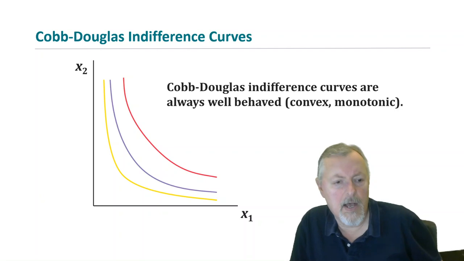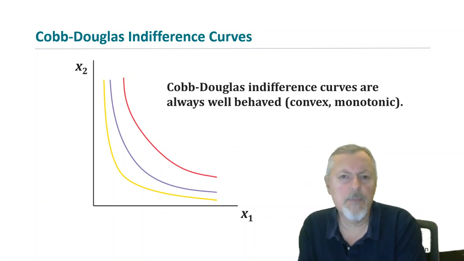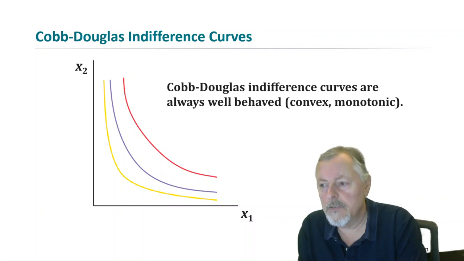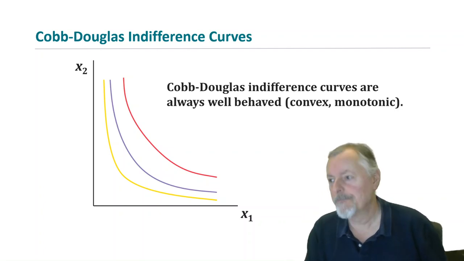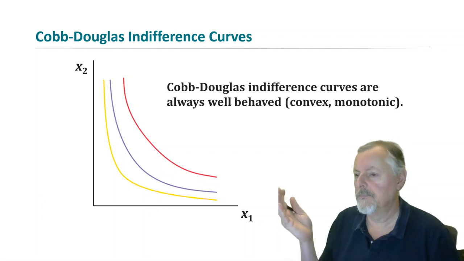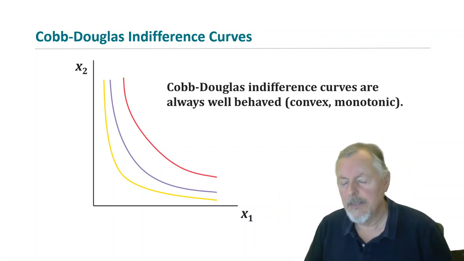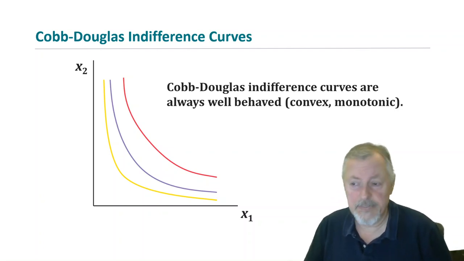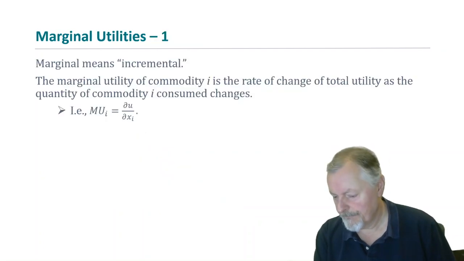The reason why Cobb-Douglas utility functions are used so much in econ is because they describe well-behaved preferences. The indifference curves you see in Cobb-Douglas utility functions are convex, monotonic, transitive.